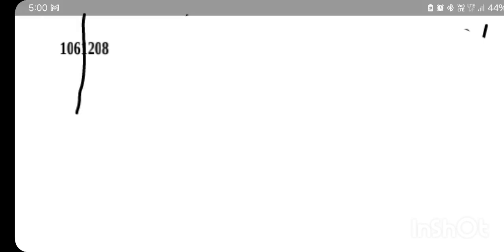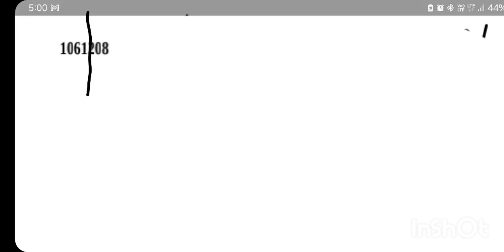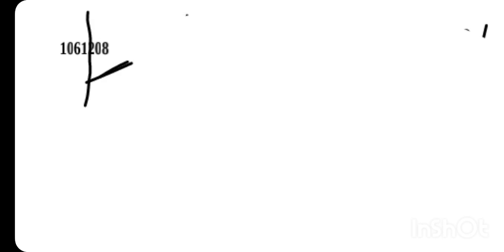Okay, let's move with the question. Now just before this, separate the last 3 digits, which is 208. You see there is the number 208. That means the unit digit must be 2.